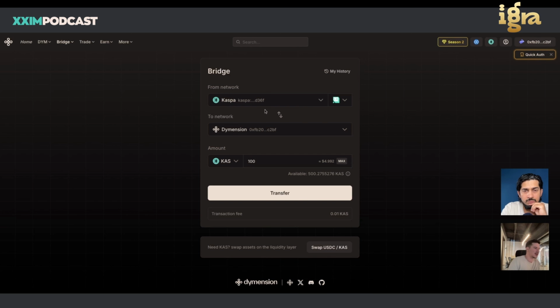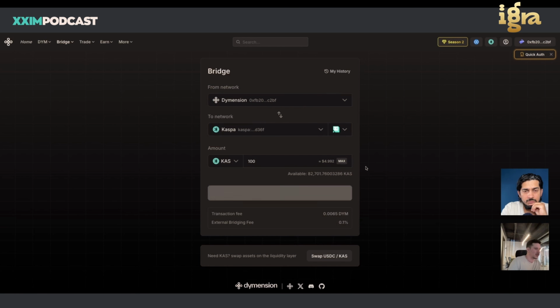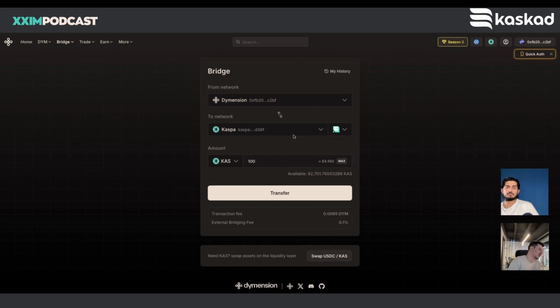So once I send coins back from Dymension, the validator set knows that the transaction is valid. It gets into the bridge module, which is capable of burning it. This happens once the transaction is pending.